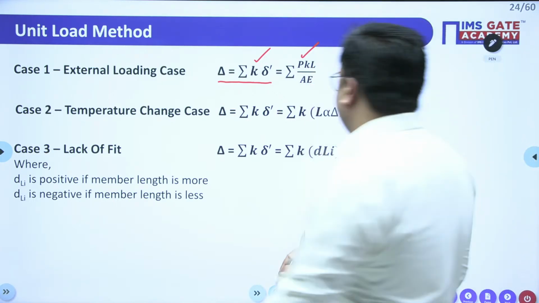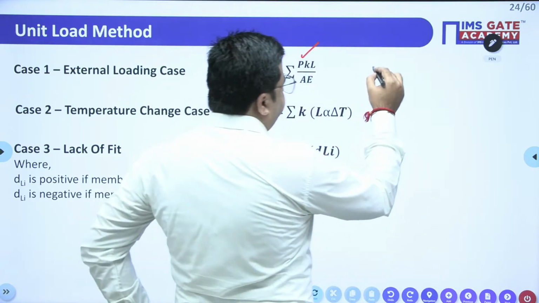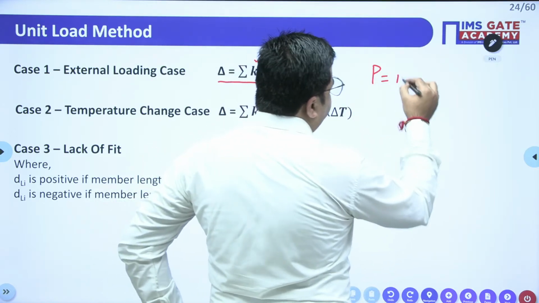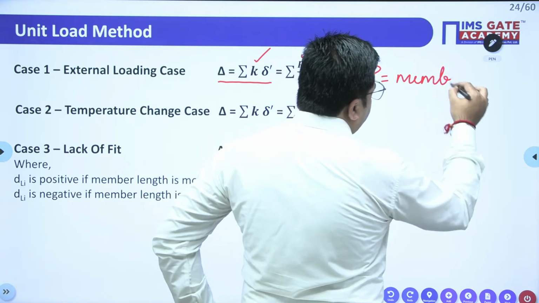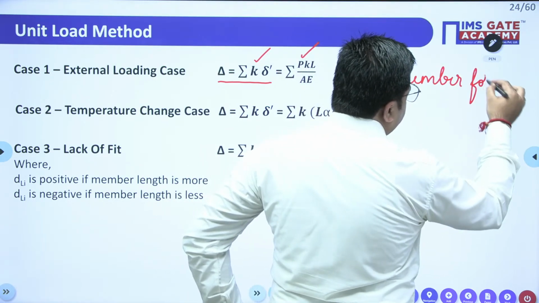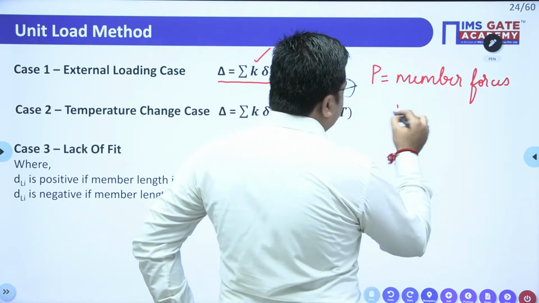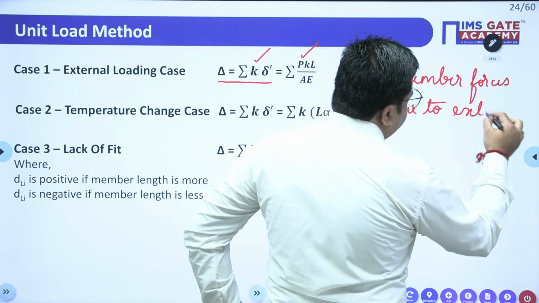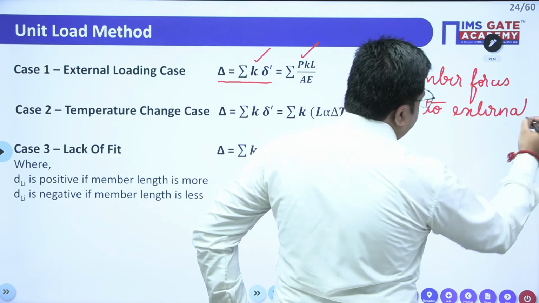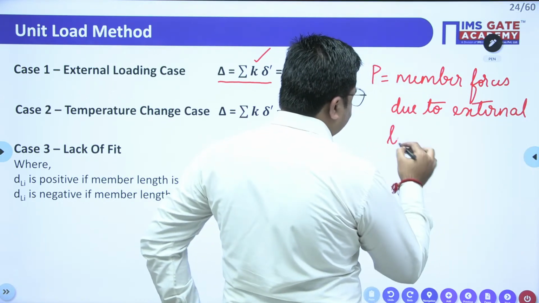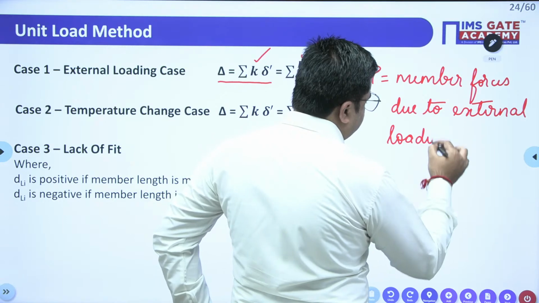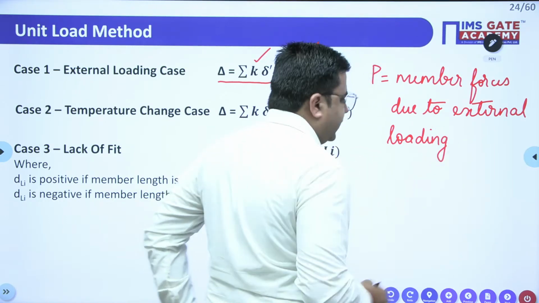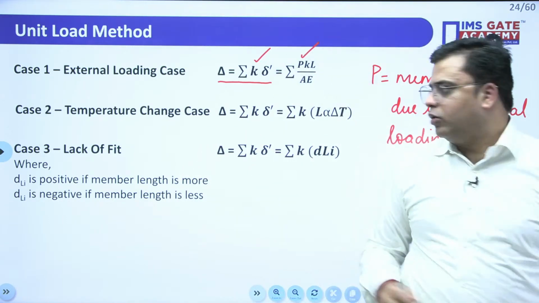P are member forces due to external loading, and K are the member forces due to unit load, right?